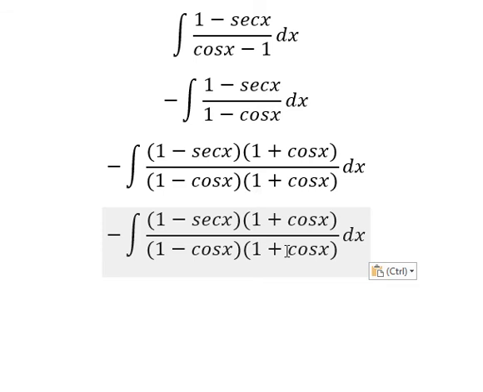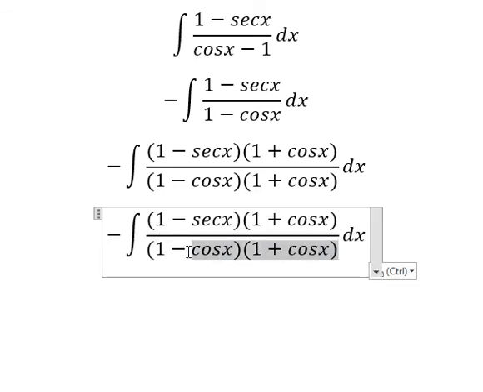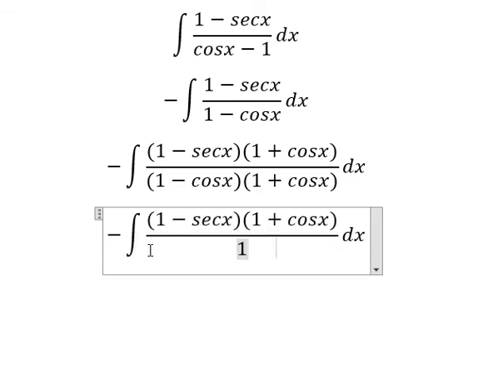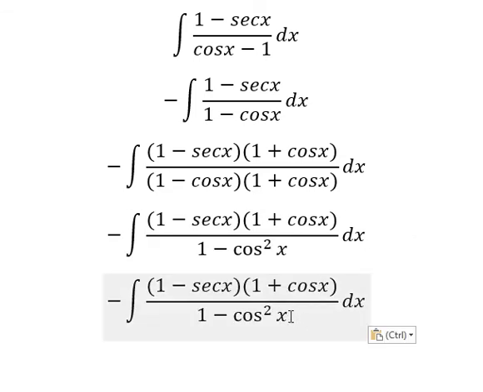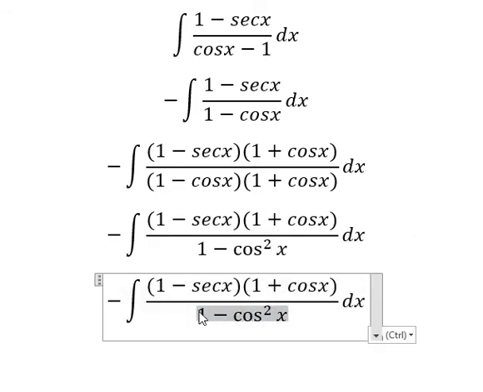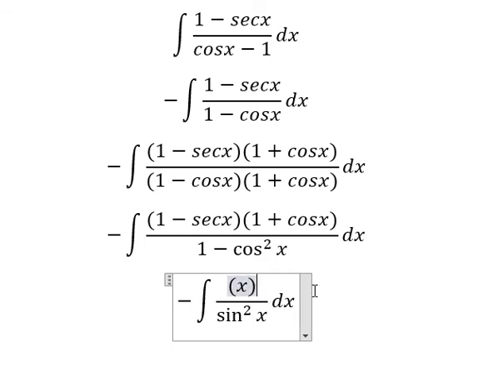This is about identity, so we will change for 1 minus cosine x squared. And this one we change for sine x squared. This one in here, we need to expand.